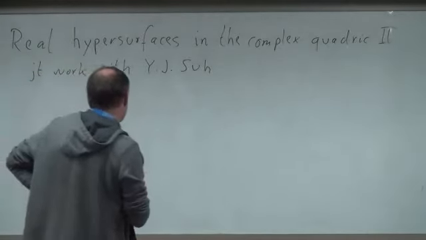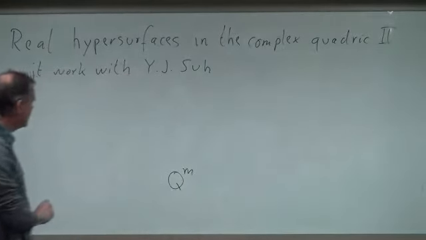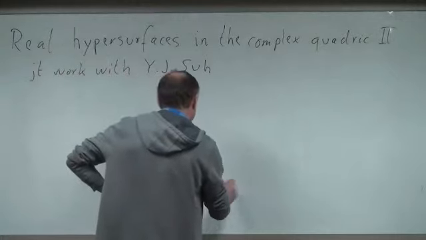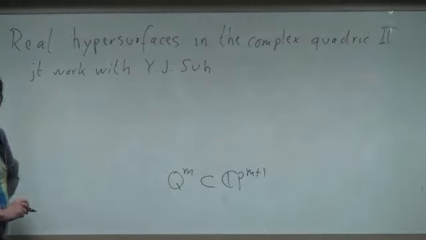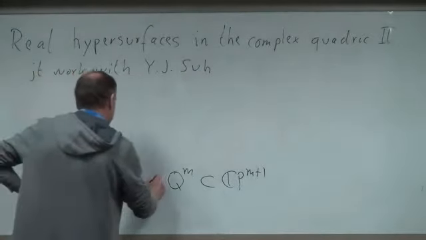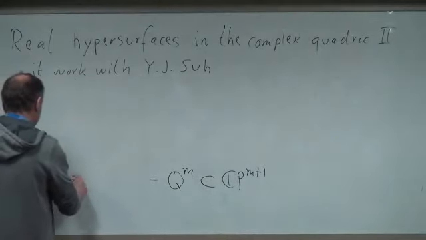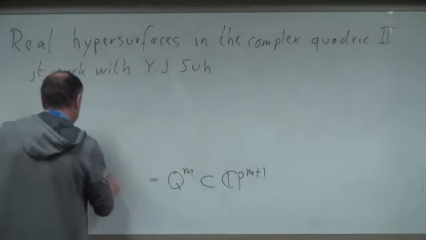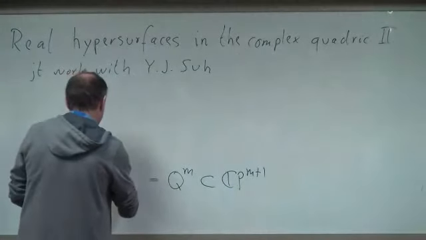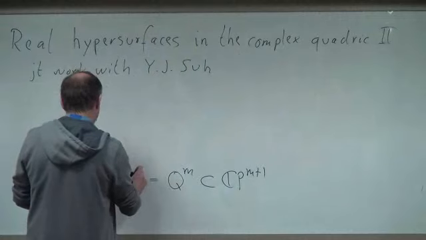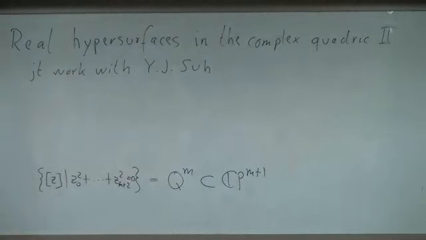So the object I want to investigate is the quadric Q^m, which is a complex hypersurface of complex projective space of dimension m+1, which is given by the homogeneous quadratic equation where the sum of the squares of all the coefficients of a vector is equal to 0.